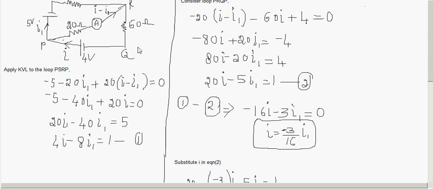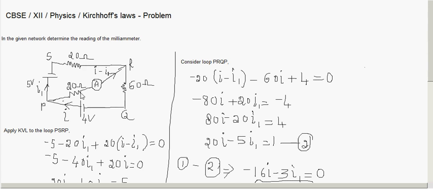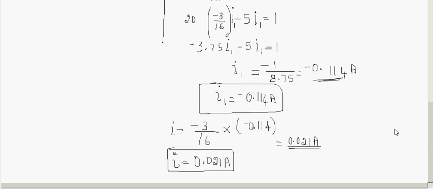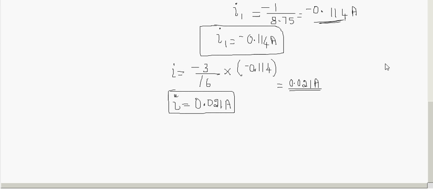Now the required value is I minus I1. That will give us the reading of the ammeter.